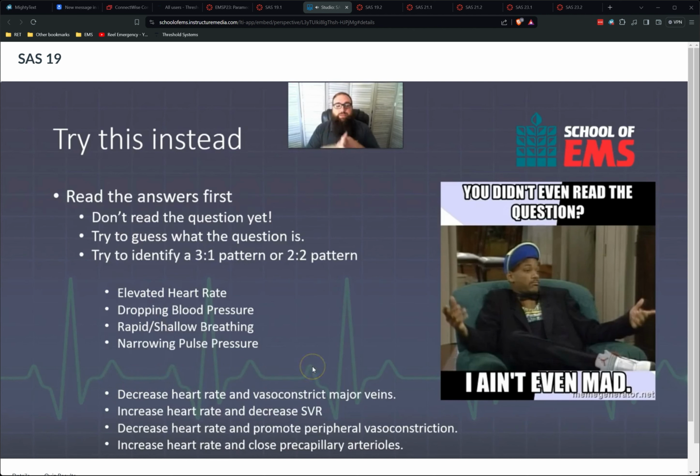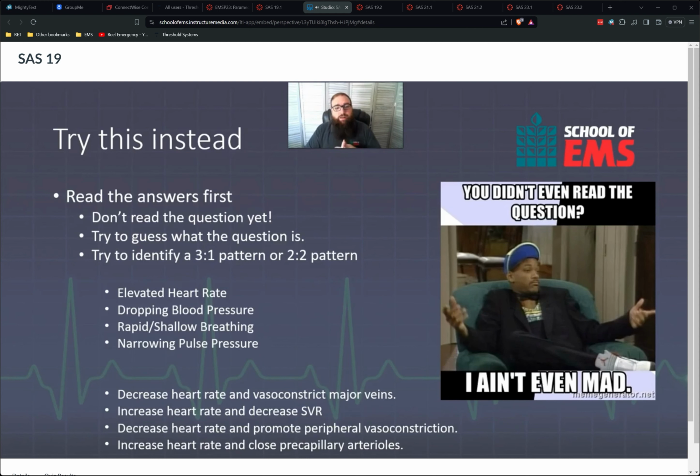So here's two. Now, normally, National Registry tries to reduce the ambiguity as much as possible, which means there will typically not be two things in each answer. And I've really tried, especially from this point forward, now that we're kind of out of the basics of test taking, to model that as well in writing these quizzes and exams.